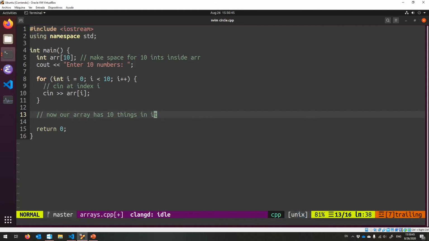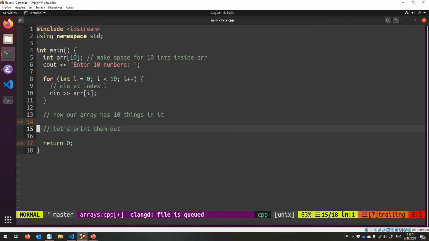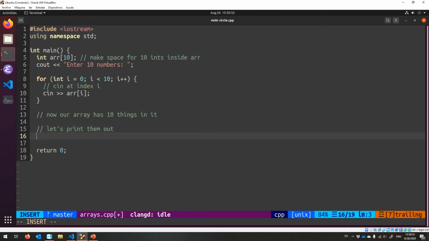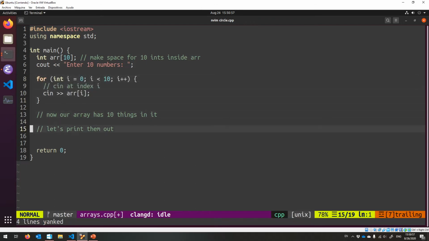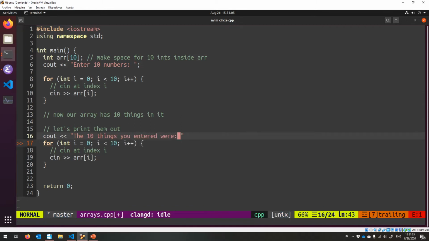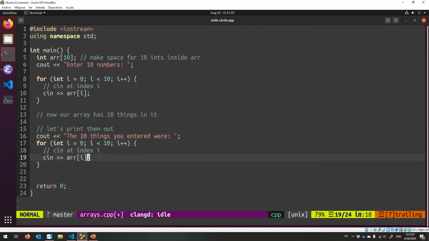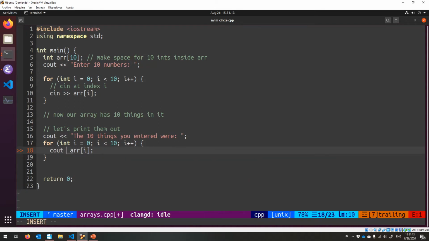Let's print them out. Okay, so again, it'll be a for loop. It's very similar. We can say the 10 things you entered were, and now instead of cin, we can use cout for those things.